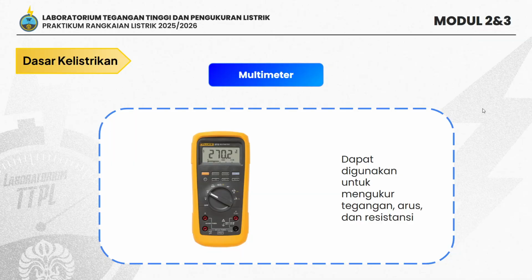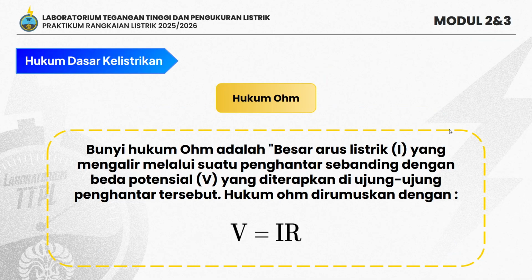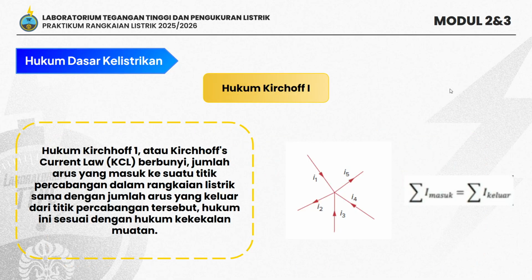Now let's move on to the basic laws of electricity. The first is Ohm's law, which states that the current flowing through a conductor is proportional to the potential difference applied across it, expressed by V equals I times R. Next one is Kirchhoff's current law, which states the total current entering a junction equals the total current leaving that junction.